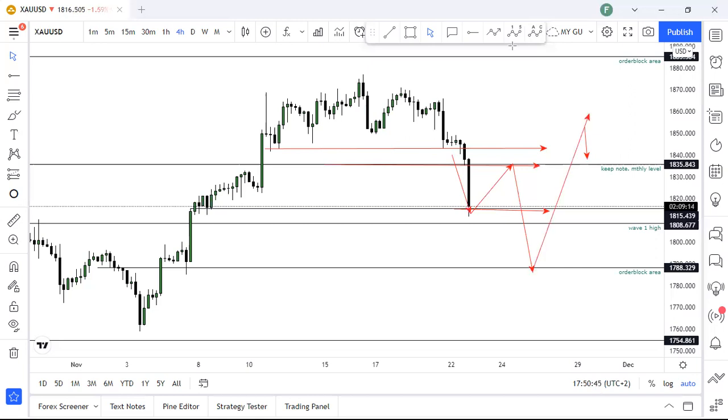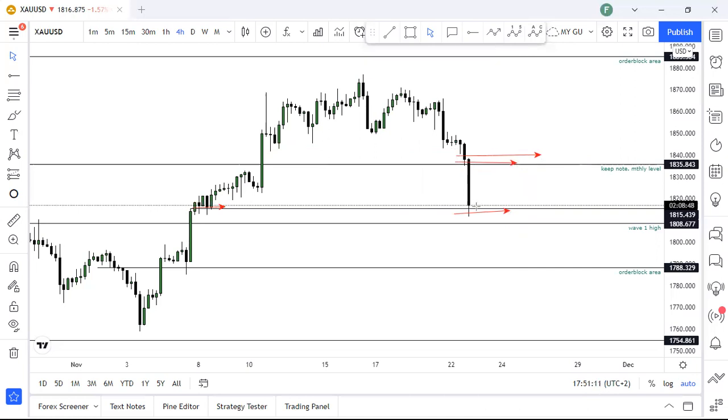But since it's already a Monday and price is already giving us one of the moves, the rest of the week could be a little bit slower than the previous week. However, the analysis is still the same. If price can reject this area, you want to enter sales when it retests this area.